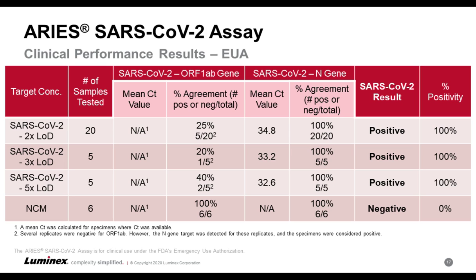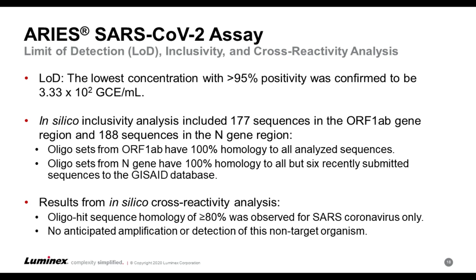This was performed initially with purified genomic material and then subsequently performed with real intact and inactivated virus. And that's what we have presented here on this next slide. The LOD was determined at 333 genomic equivalents for Aries, again, using an inactivated full intact virus.